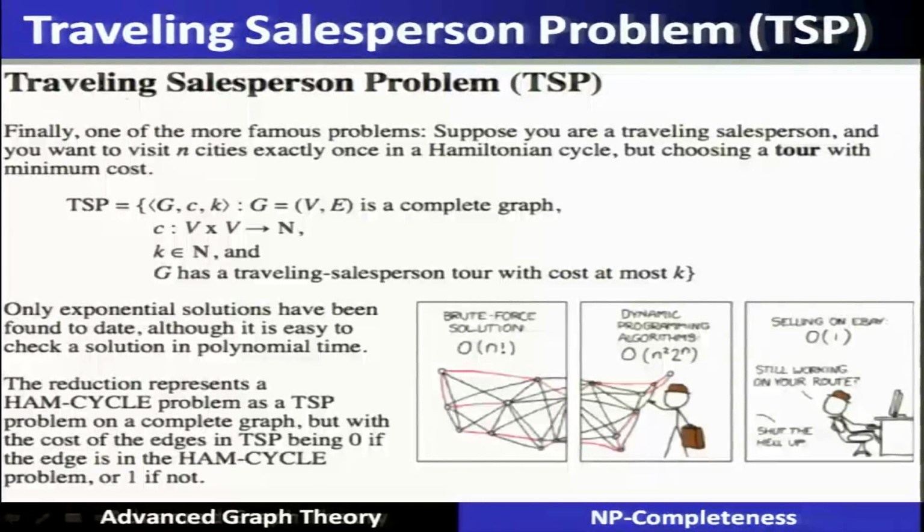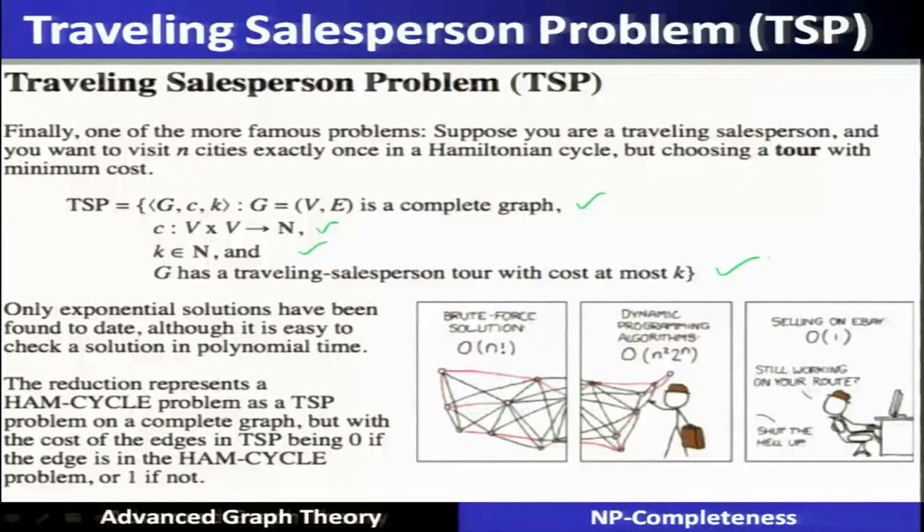So, traveling salesman, as I told you earlier, requires a graph to be a complete graph, and every edge will have a weight, and we want to find a value k, so that the tour has a cost of at most k.